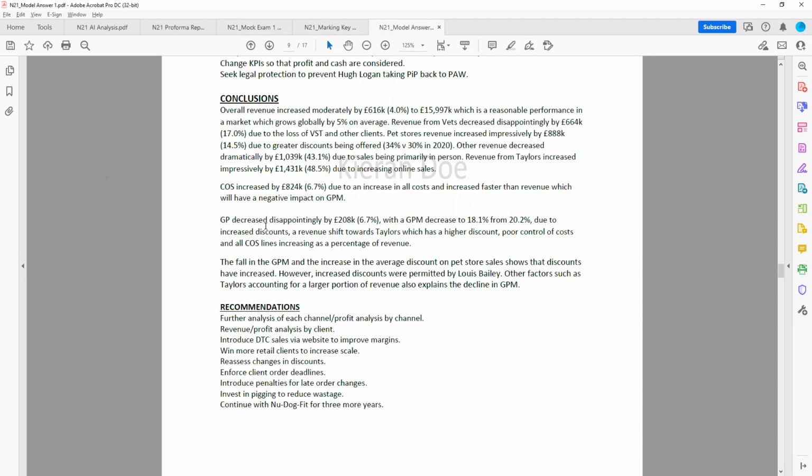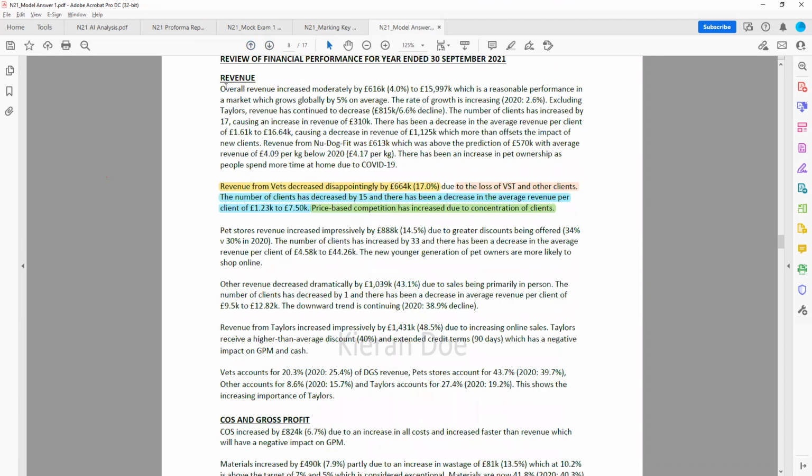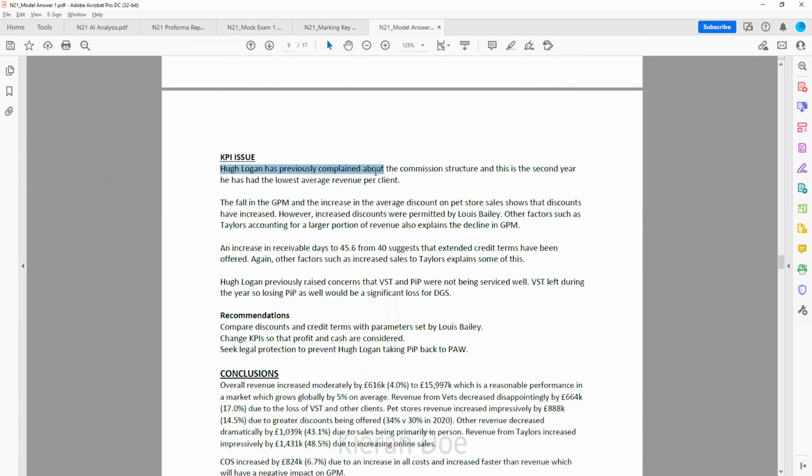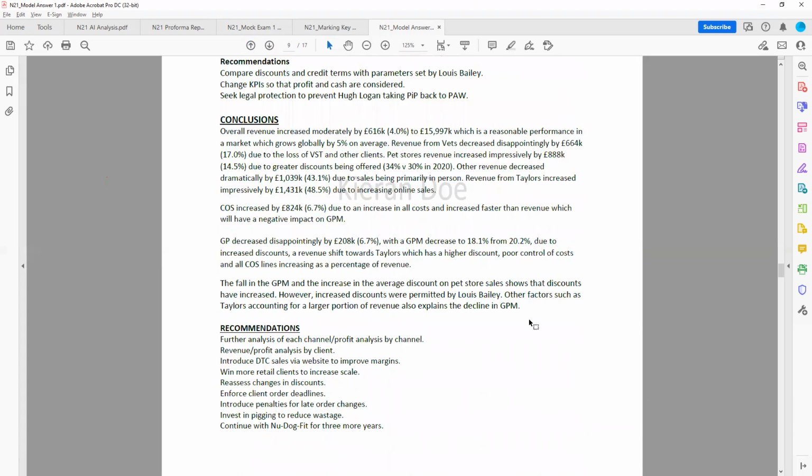I would take the headline point from each section. If it's asked you for revenue overall and each channel, then I would take the main point from above on each. So I would take the main point on revenue overall, each channel, cost of sales. It didn't ask for cost of sales each line, just cost of sales in total, gross profit, and the main point from the KPI issue.